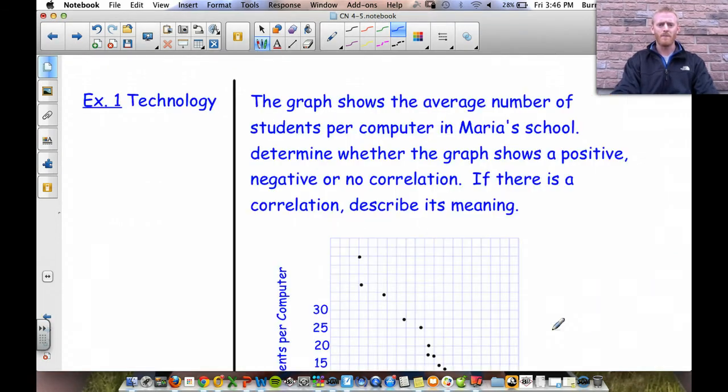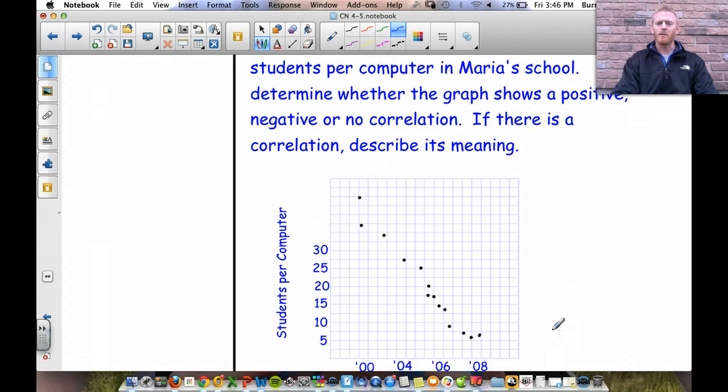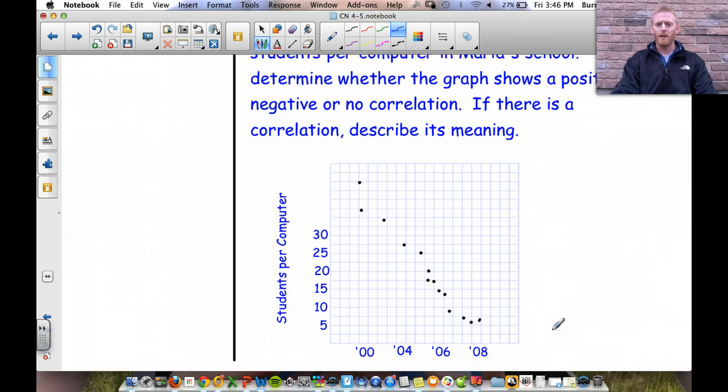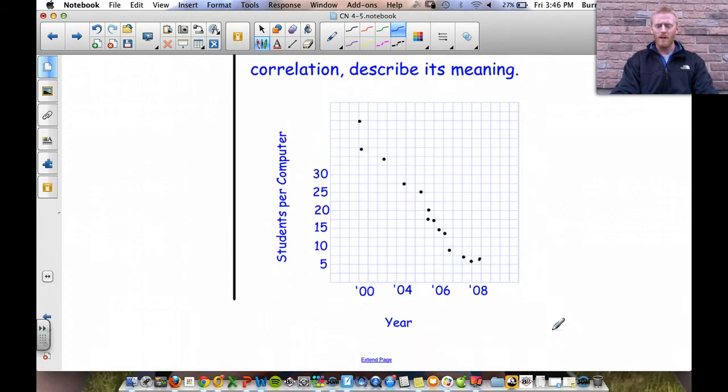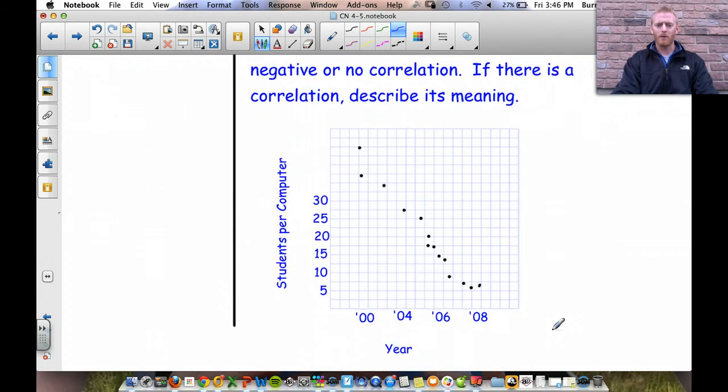Alright, moving on. In example number 1, a graph shows the average number of students per computer in Mariah's school. We are supposed to determine whether the graph shows a positive, negative, or no correlation. If there is a correlation, we need to describe its meaning. So we're talking about the average number of students per computer.